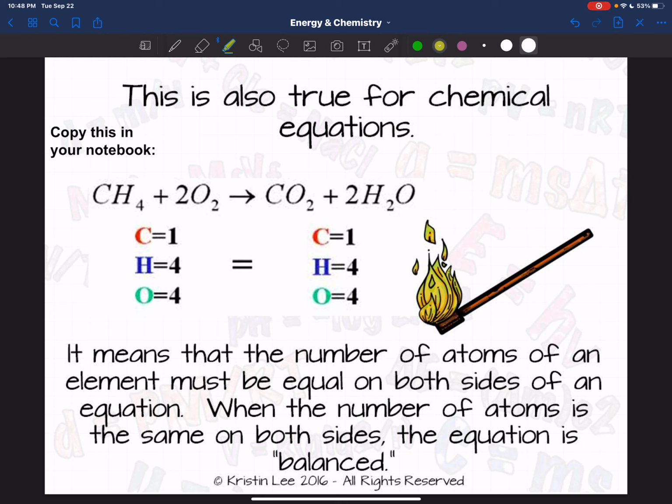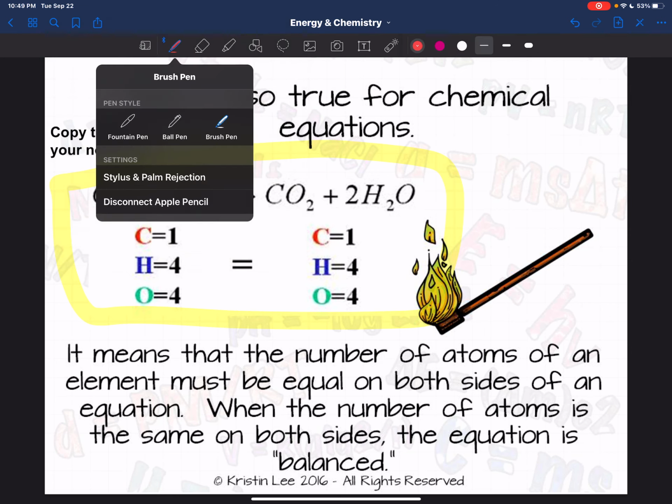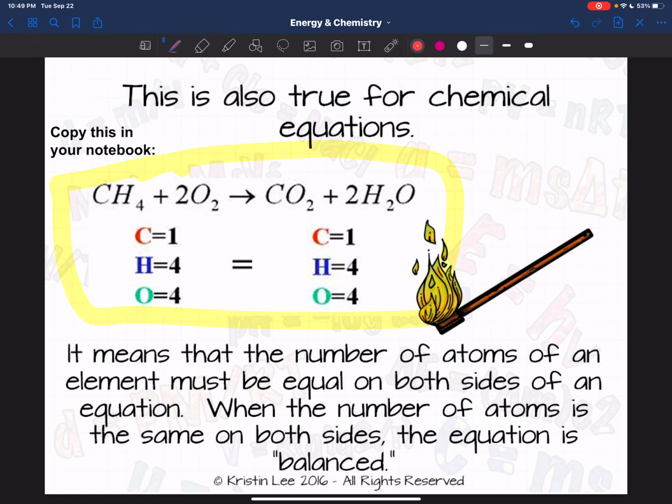Here, what you're going to copy down is this part. For chemical equations, however many atoms you start with should be the same number of atoms you end with. On the left side, we have 1 carbon, 4 hydrogen because of the subscript, and 2 groups of O2, so that means 4 oxygen.